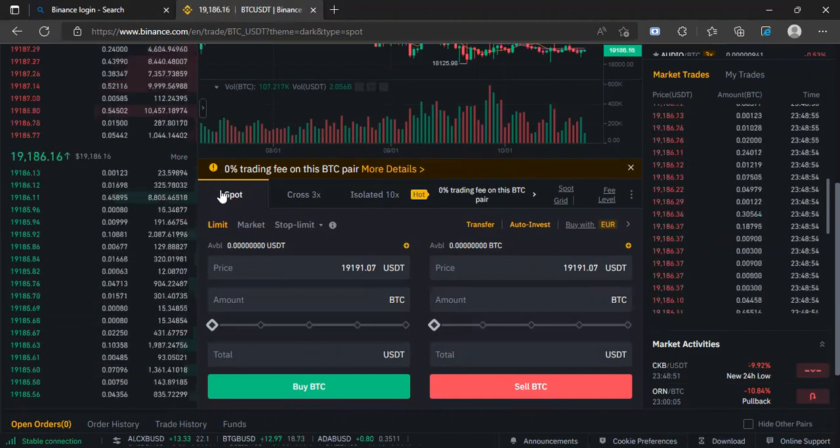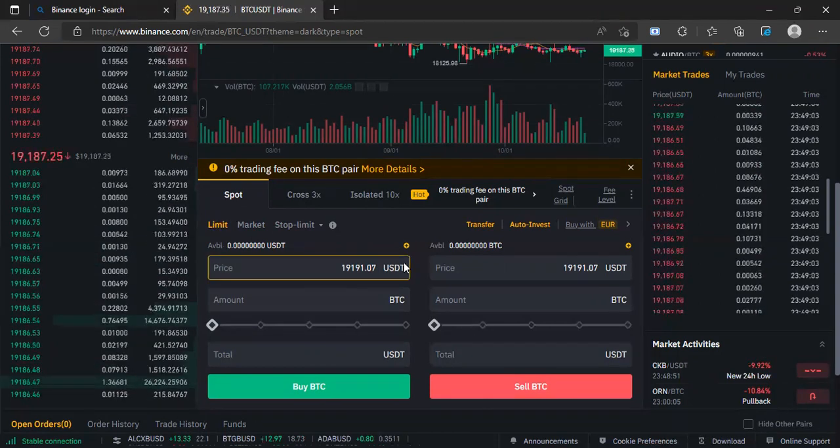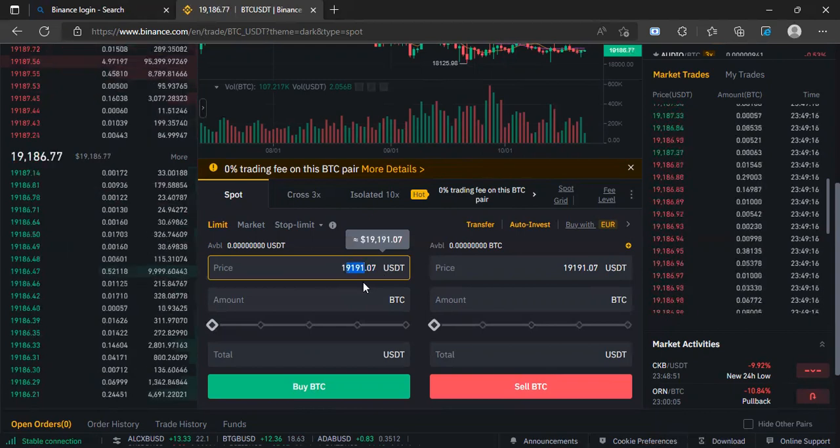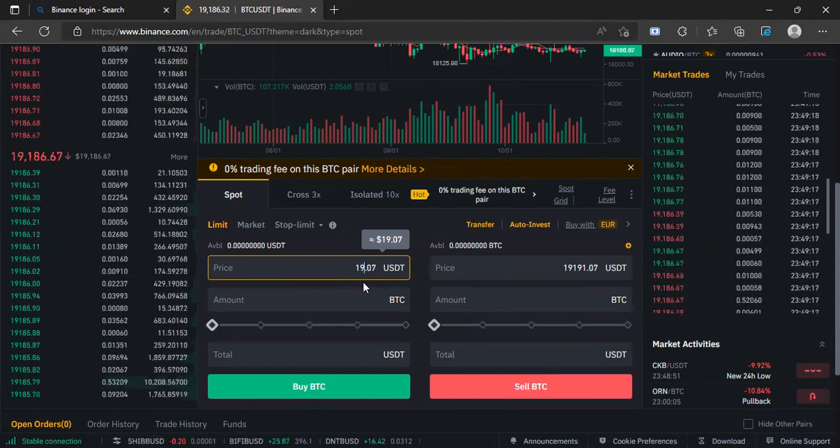So the same as in Forex, if you place a limit order right there, let's say right now Bitcoin is around $19,187. Let's say you want to buy it at 18,000, correct? So you put 18,000 over here. You could actually put in the price 18,000.